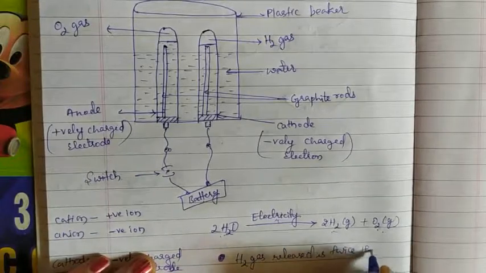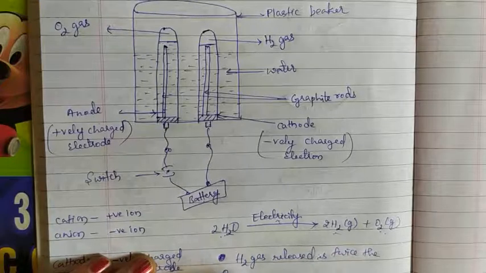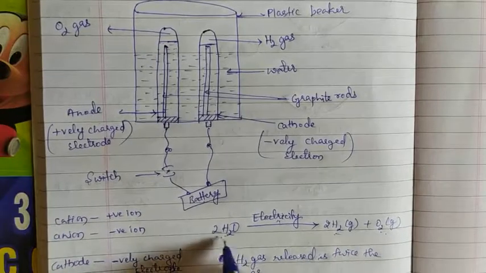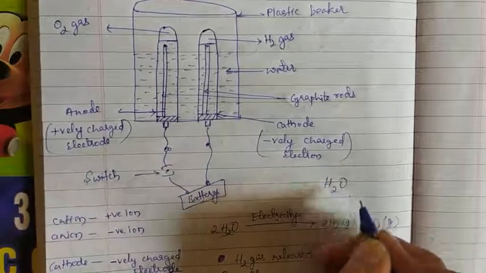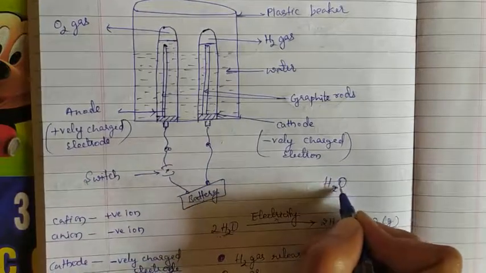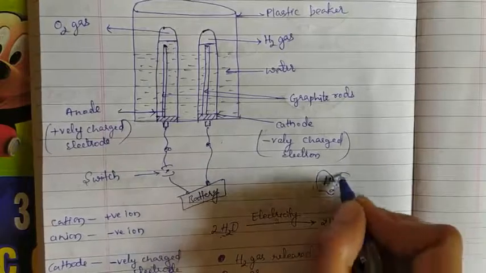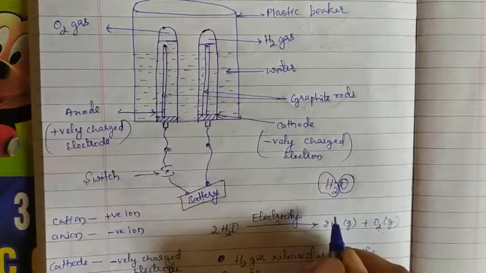Here the volume of the hydrogen gas released is twice the oxygen gas, because see the proportion here. If you take one water molecule, in one water molecule two hydrogen atoms are present, one oxygen atom is present.